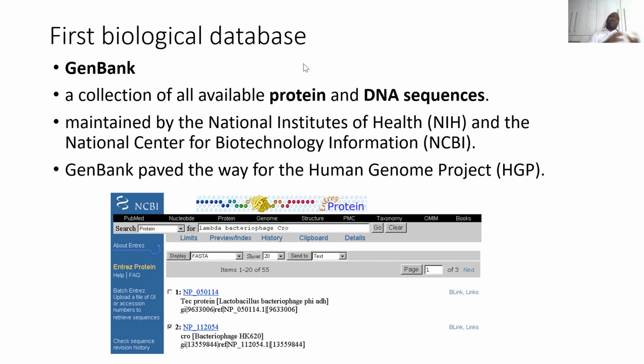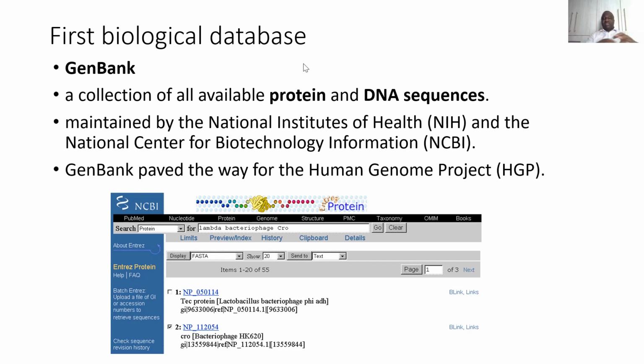But that was the easier part. The sequencing was the easier part. The more difficult part was making sense of the data that came out of the sequence, after doing all the cleaning and calling of the bases and the rest of them.